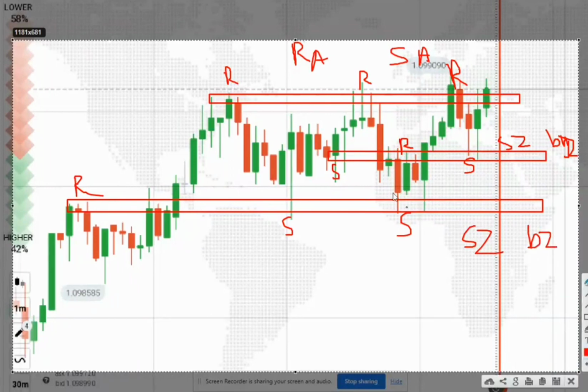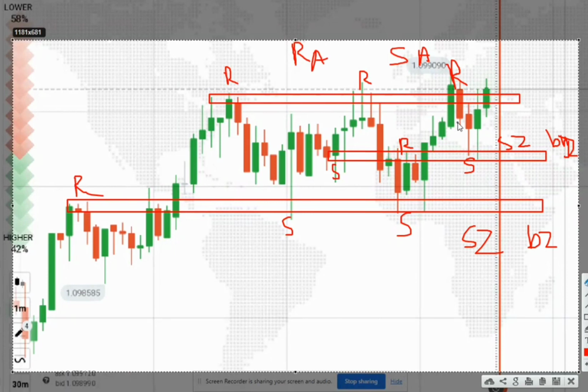So there is a difference between the buyer's zone and the seller's zone. Here is an example of a seller's area and this is an example of a buyer's zone. These are the major key levels where we expect to open our trade whenever the price reaches any of these key levels. So we are expected to execute the trade.